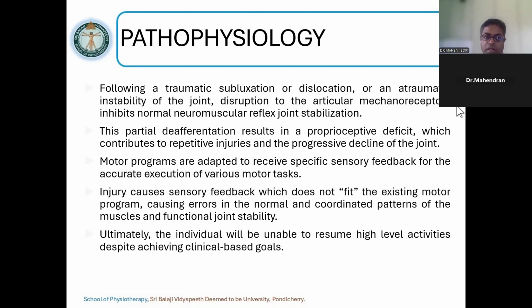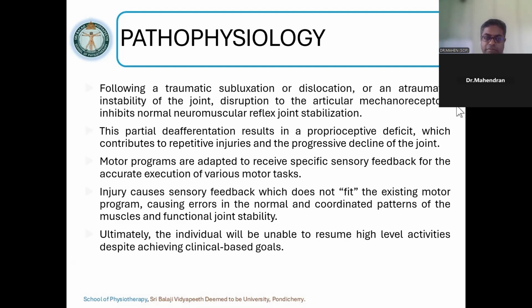But we are unaware that in any joint injury, the proprioceptors also would be involved. In most of the rehabilitation we plan, we are ignoring that. So through learning this technique, we could understand that the proprioceptors will be involved in any type of joint injury, whether traumatic or non-traumatic.